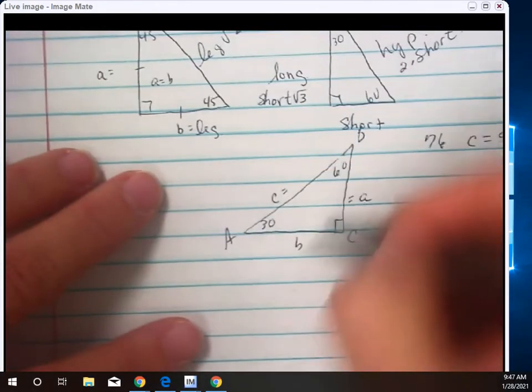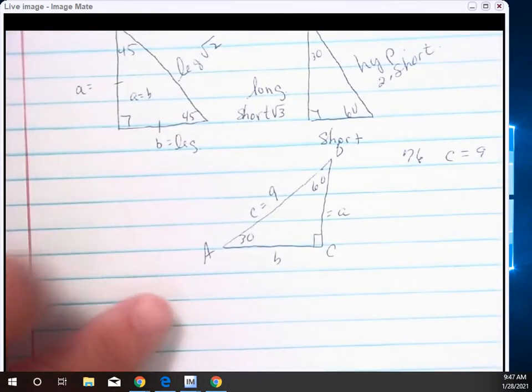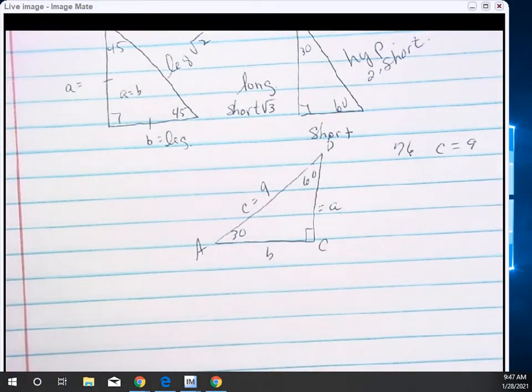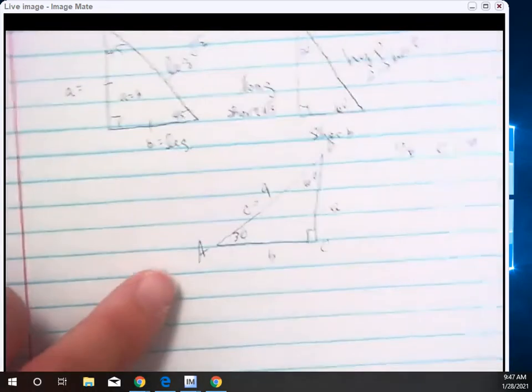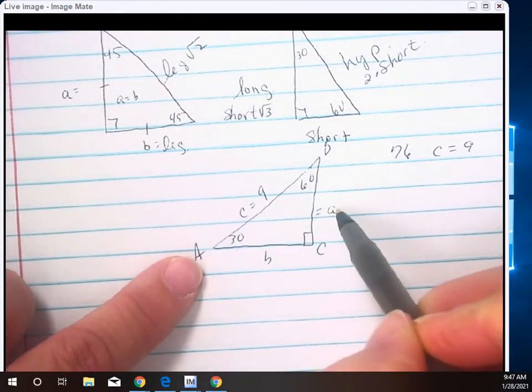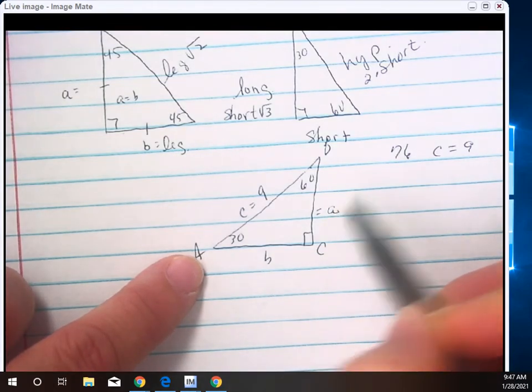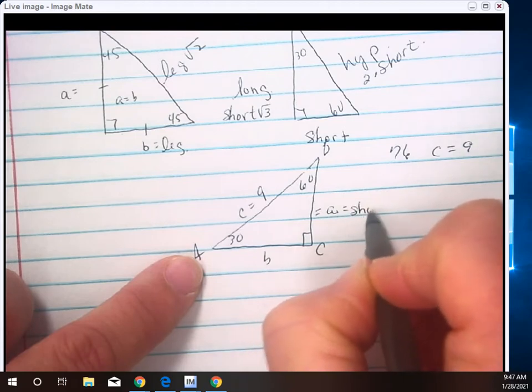Well, if c is 9, it goes here, and this is a 30, 60, 90 triangle. I could use the Pythagorean theorem to try to get it, but it's actually faster if you find the other sides.